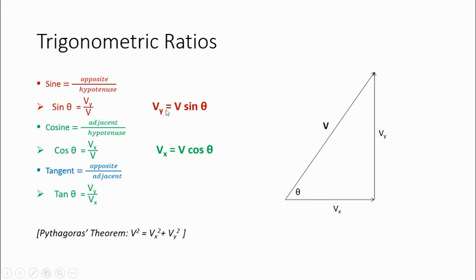And if we rearrange that, making Vy the subject, then Vy is equal to V times sine theta. So just simply rearranging this, sine theta is Vy over V, making Vy the subject, Vy is equal to V times sine theta.